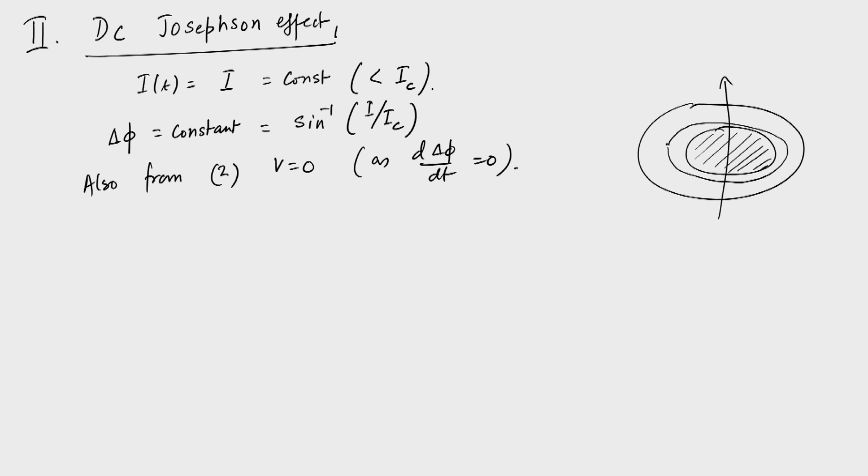Because of this, the flux that this multiply connected superconductor can thread can no longer be anything. It could just be multiples of a quantum of flux, which has a value we have said a number of times, very close to 2 into 10 to the power minus 15 Weber meter square. There is a small number slightly greater than 2, but we are just taking it as 2.